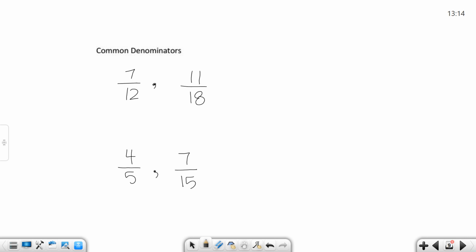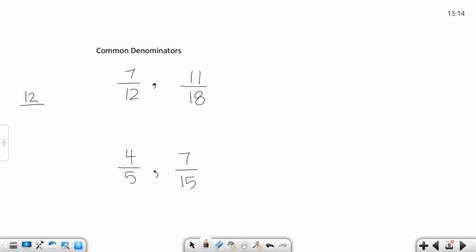The next thing we have to talk about is how you get a common denominator. So the way that you get a common denominator is you can find your least common multiple. That's probably your easiest way. So if I'm trying to make these have common denominators, one of the easiest ways I think is to start with a number.